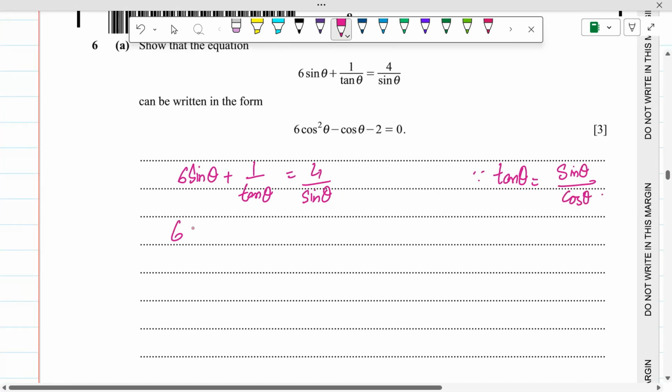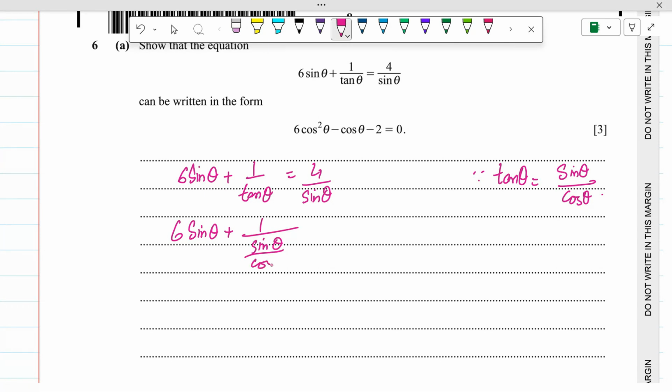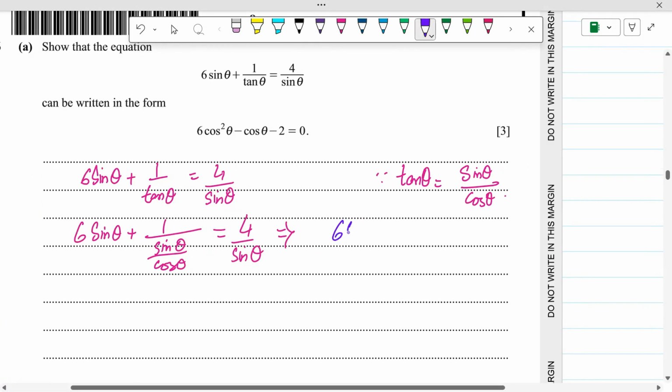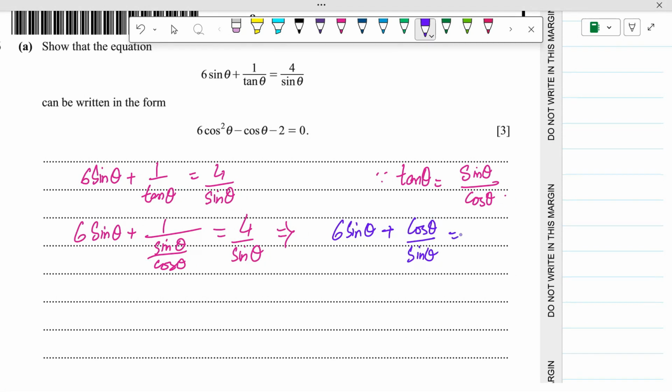So we will have 6 sine of theta plus 1 over sine of theta over cos of theta equals 4 over sine of theta. Further solving, we will have 6 sine of theta plus cos of theta over sine of theta is equal to 4 over sine of theta.